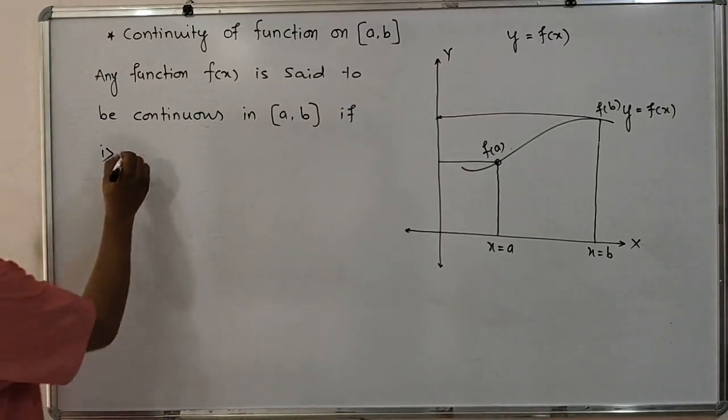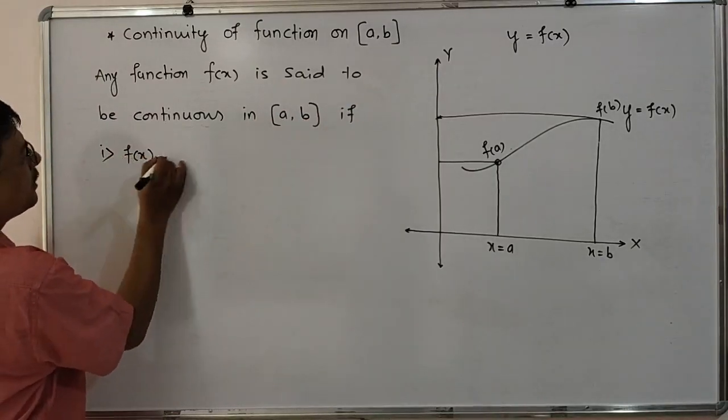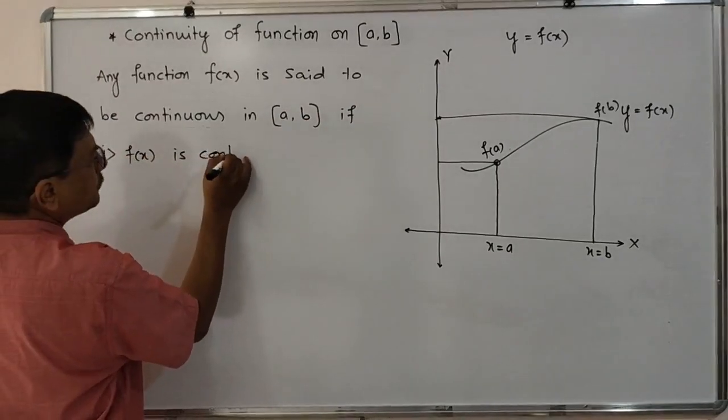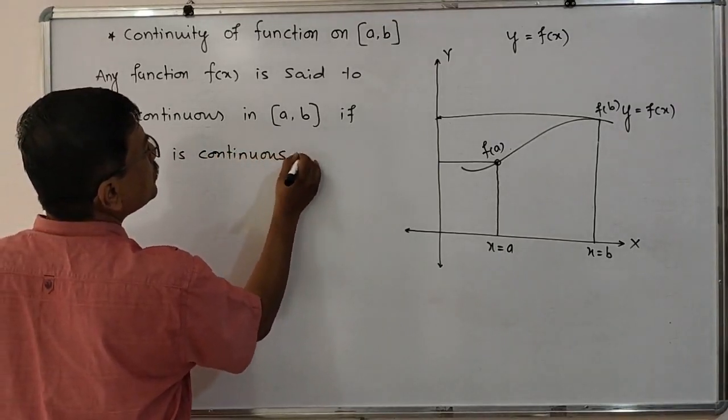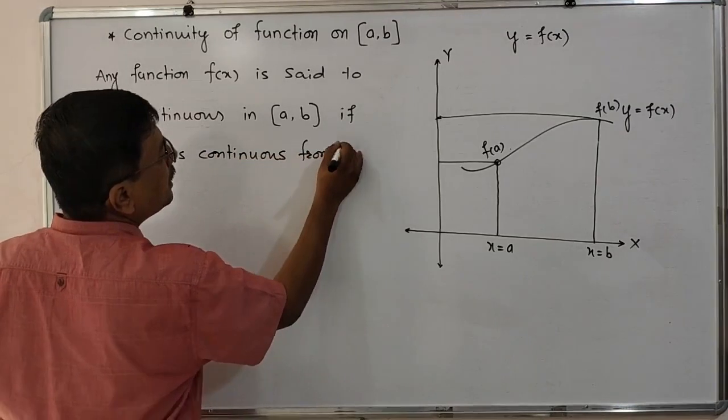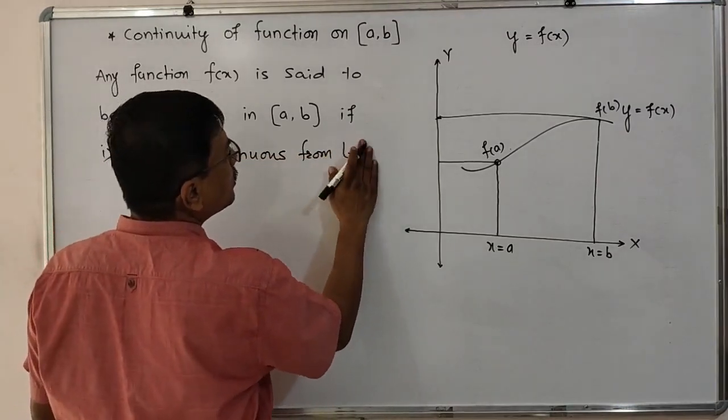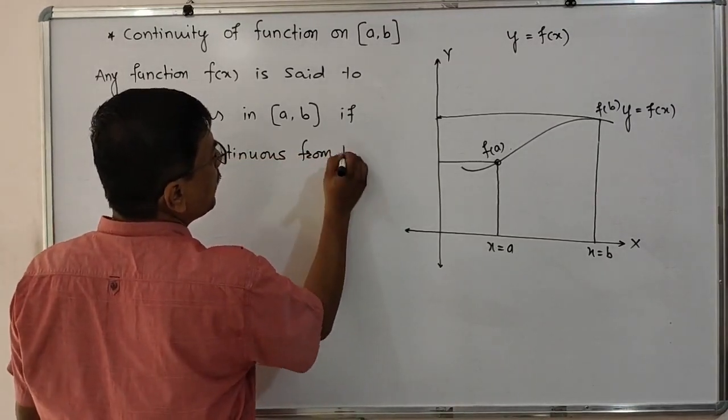Number 1, f of x is continuous from the right of a.